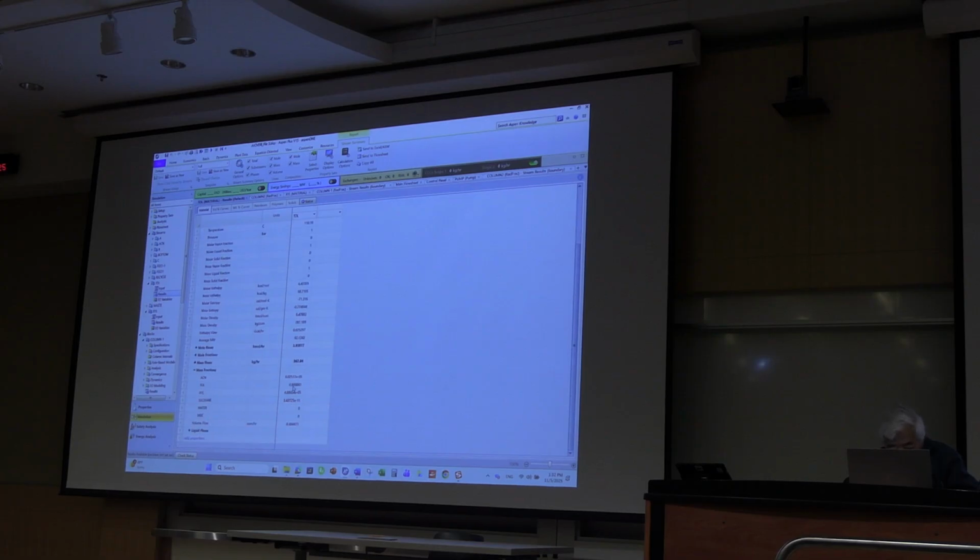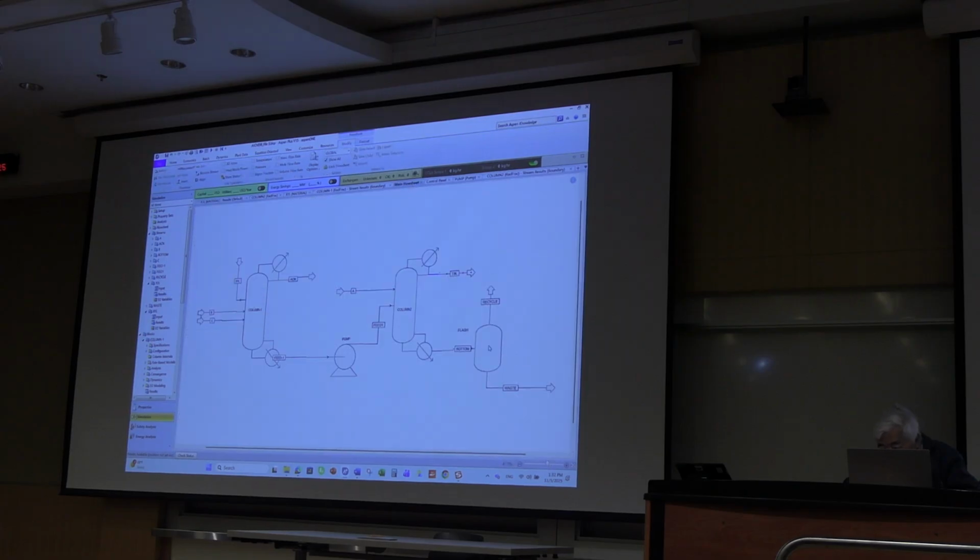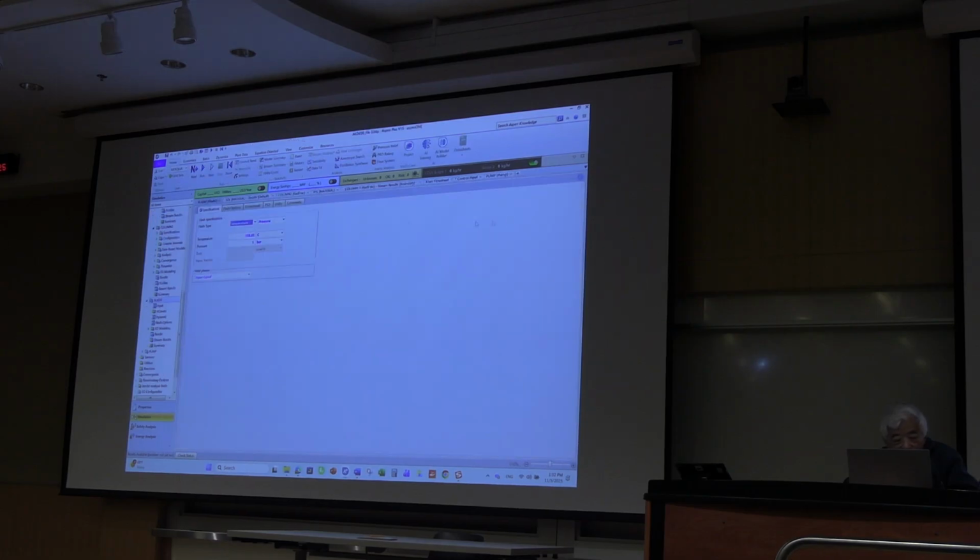Here I get 0.99949. That's good. And you come to the flush unit, look at the input, you need to adjust the flush temperature, making sure you flush enough xylene to the vapor phase.